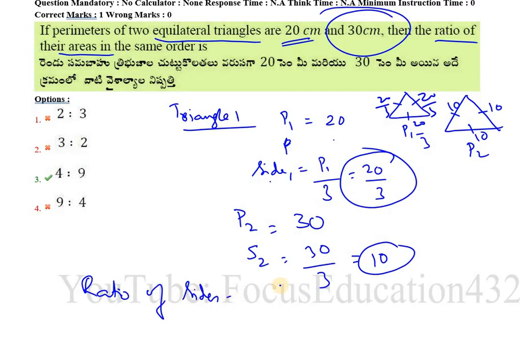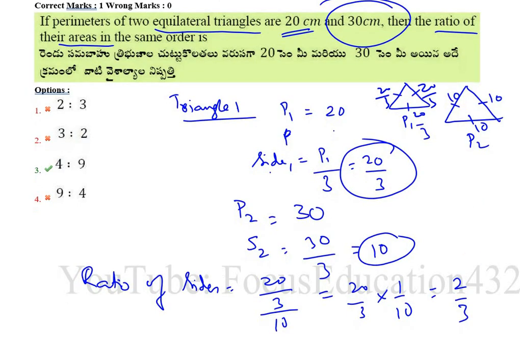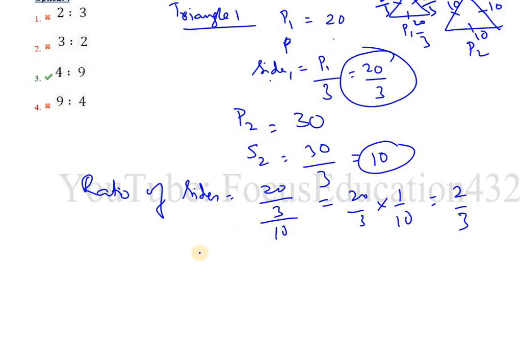I am not writing it completely here. The first one is 20 by 3 divided by 10. So 20 by 3 divided by 10 over 1. 10 ones are 10, 2 tens are 20, so what you get here is 2 by 3.